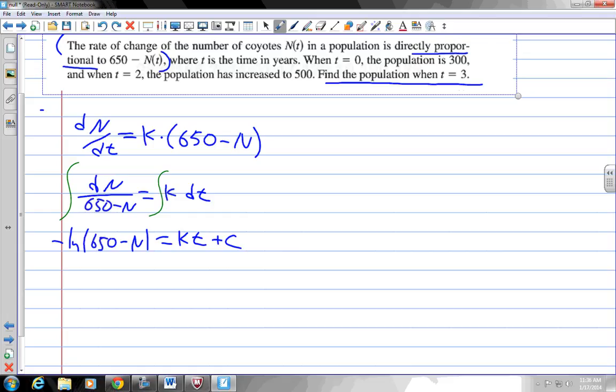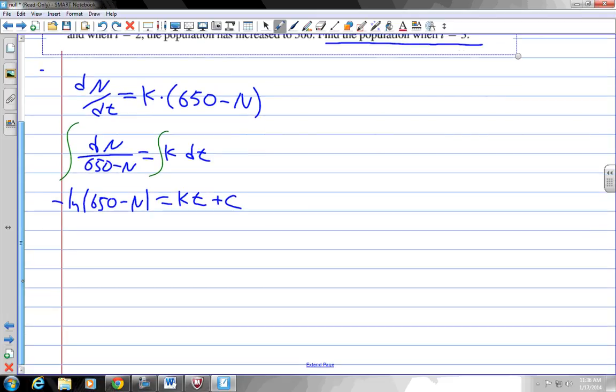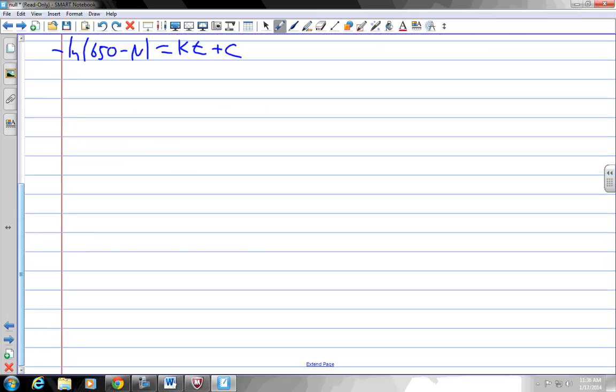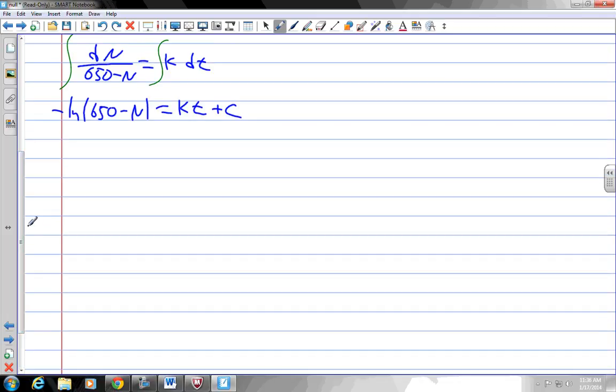Is that all right? So we want to try to solve for n in this case. Let's call it C1 for now. Let's get rid of the negative, so we have natural log of 650 minus n equals negative kt minus C1. To get rid of the natural log, we need to use the exponential function.